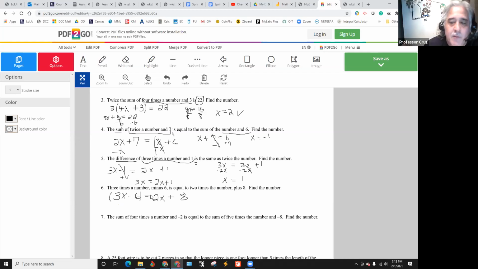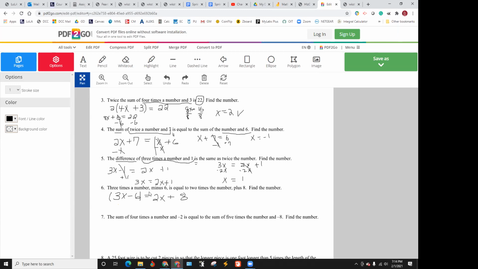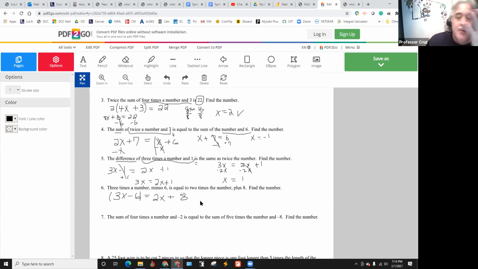If they did, they would probably say something like 3 times the difference of a number and 6. They would use the words difference or sum. See, they specifically have that comma to break those two. 3 times the number minus 6.